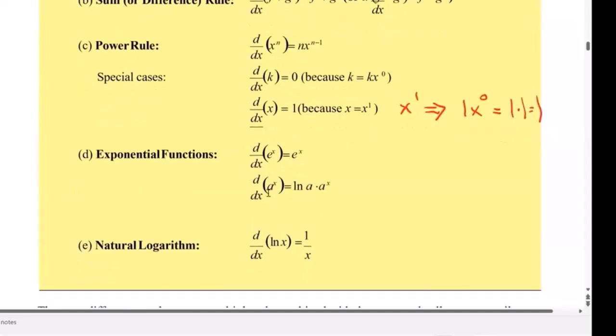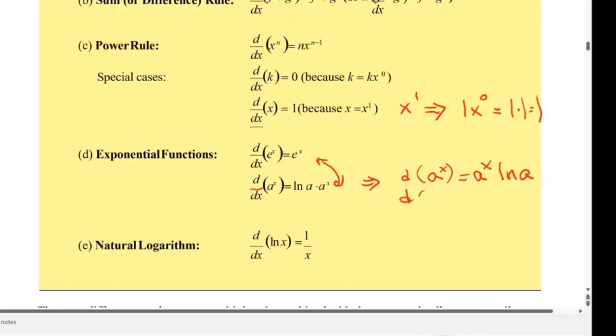And here we have the derivative of any constant to a variable, a to the x, is equal to ln of a times a to the x. So basically, these are exactly the same if a equals e. A to the x is always going to be there, then times the natural log of the base.